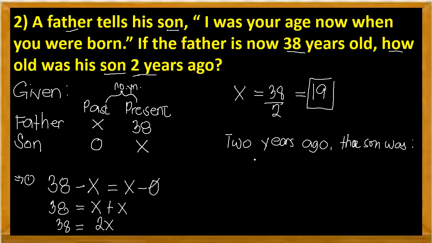So you have to subtract 19 minus 2. Okay, that is 17. 17 years old. So 2 years ago, ang anak niya ay 17 years old. Okay, so therefore, ang sagot natin is 17.